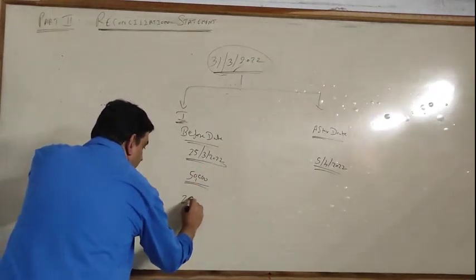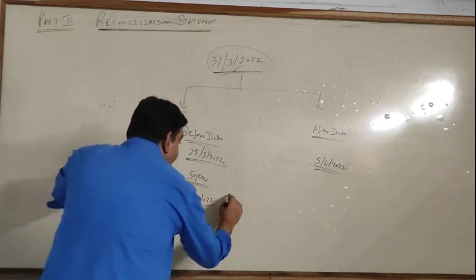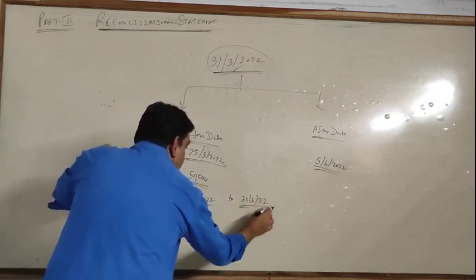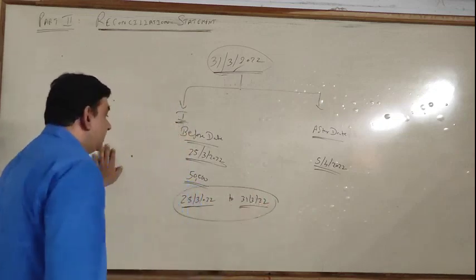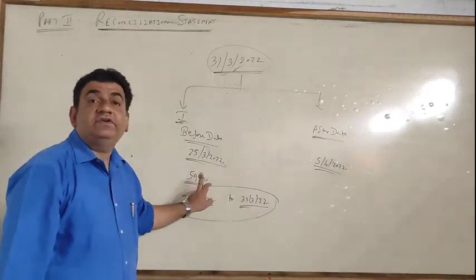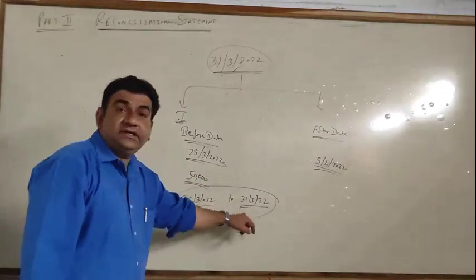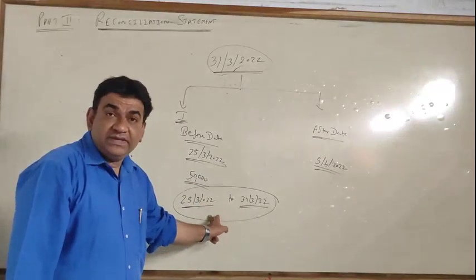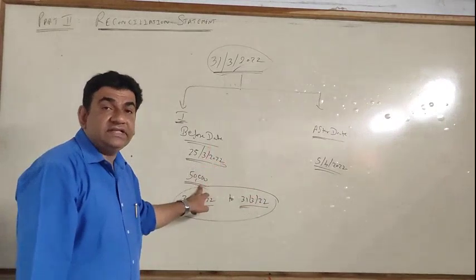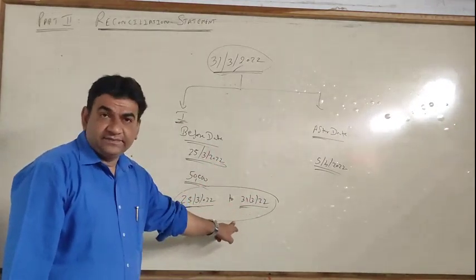So whatever transactions have occurred between 25th to 31st March, that you will have to adjust to this 50,000. Transactions connected with stock in this period, 25th to 31st March, you have to adjust to this 50,000 and get the figure on 31st March.